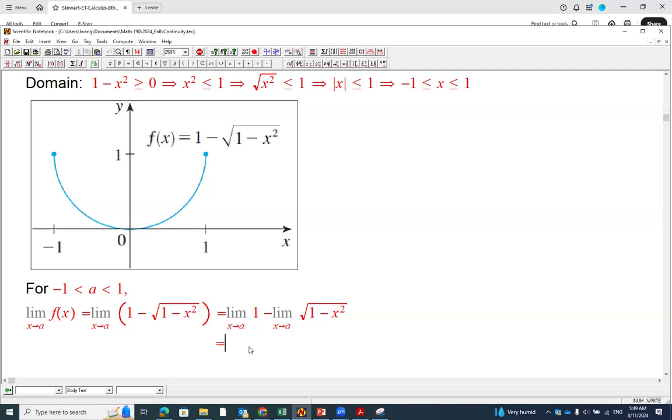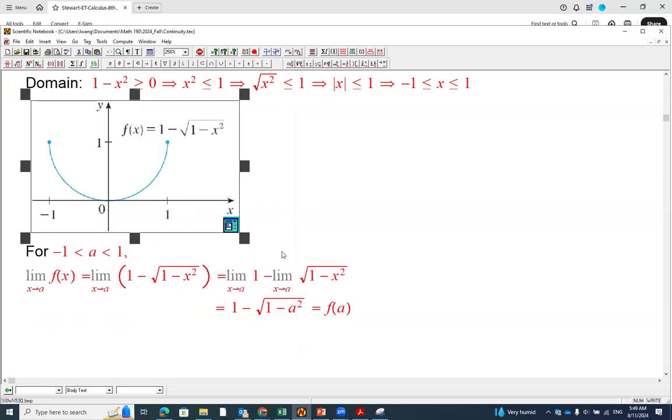So we can do direct substitution. So this is 1 minus, direct substitution, so we're going to replace x by a. And this actually equals f of a, right? So in one stroke, we have demonstrated that this function f is continuous in the open interval.